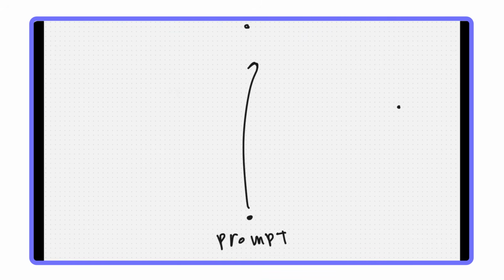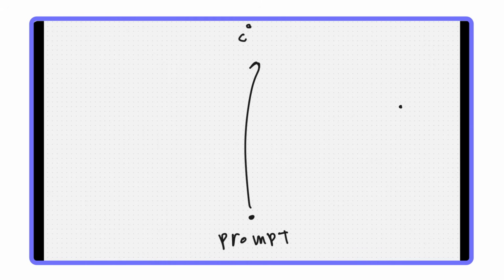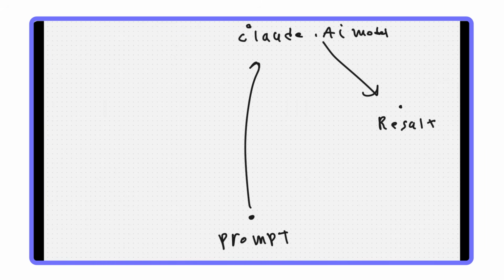We send it to Claude, the AI model, and we get the result. This is what will happen. But there is one more hidden step. It is the Claude.md file.